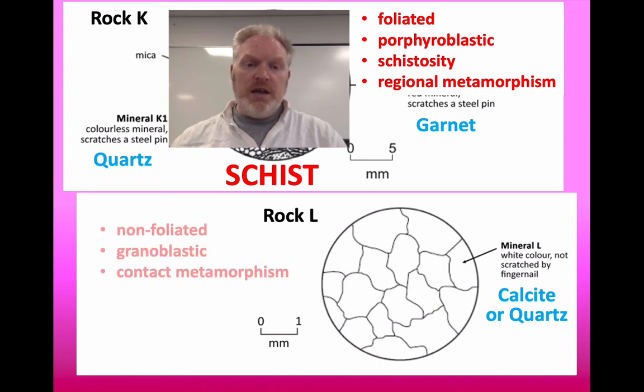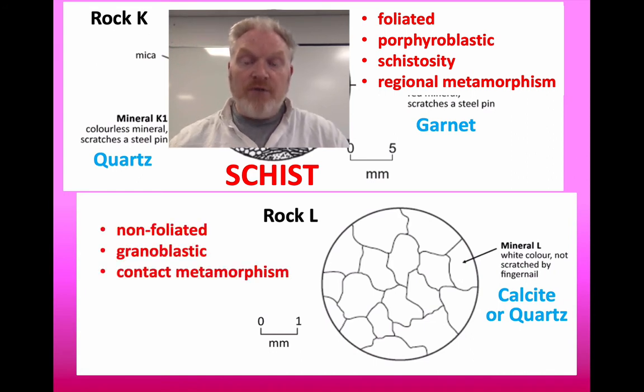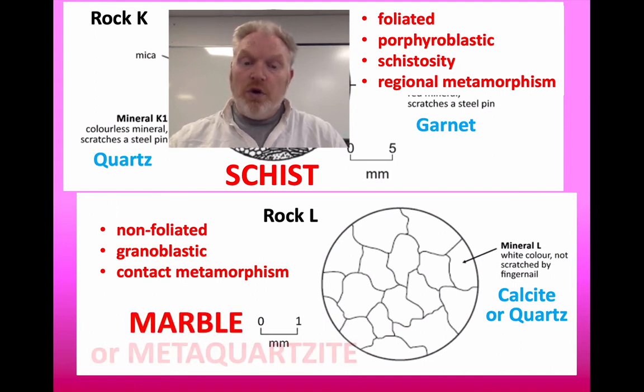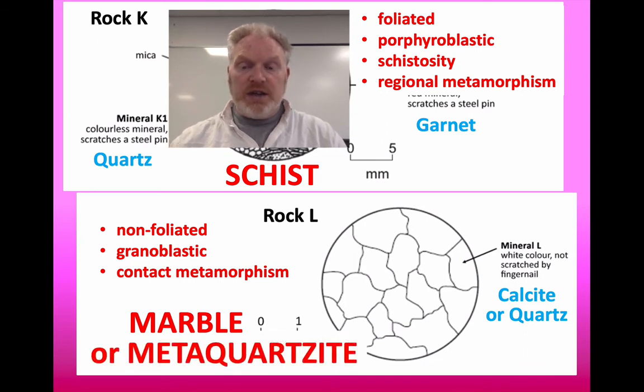If we look at the texture of this, it's not foliated. It's granoblastic because all the crystals are about the same size, and it must be formed by contact metamorphism. So this particular rock could be a marble, or it could be a metaquartzite. It depends on your identification of that white mineral that's harder than a fingernail.